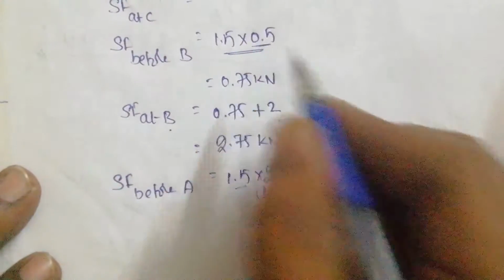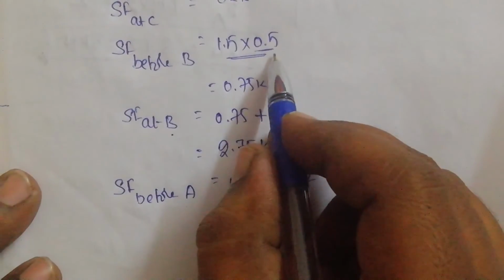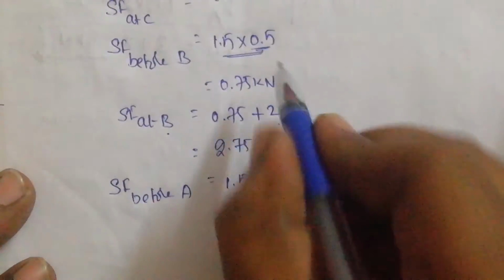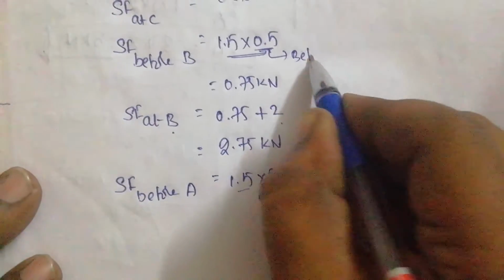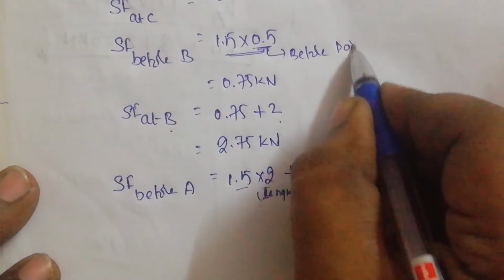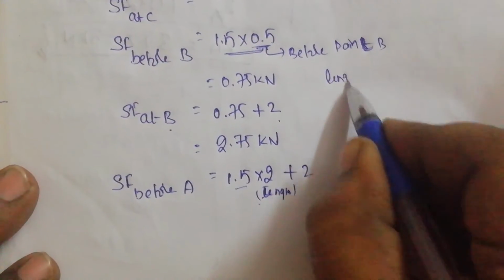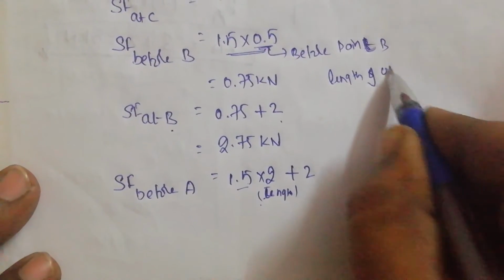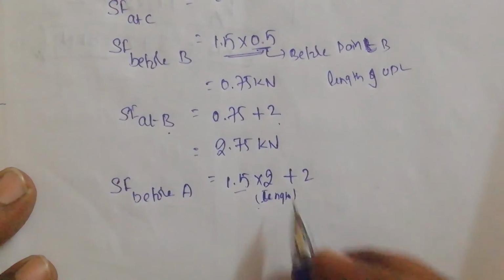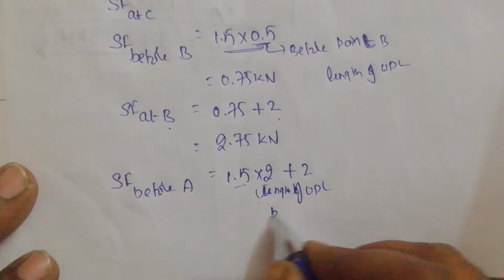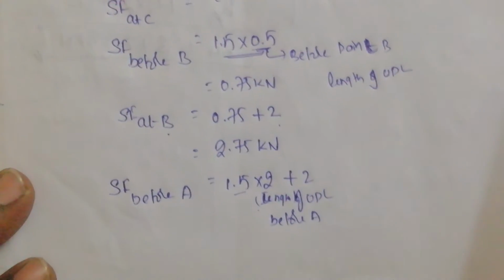Why here 0.5 we have taken is because that is present only for that particular length before point B. I will write here if you want: length of UDL before B.